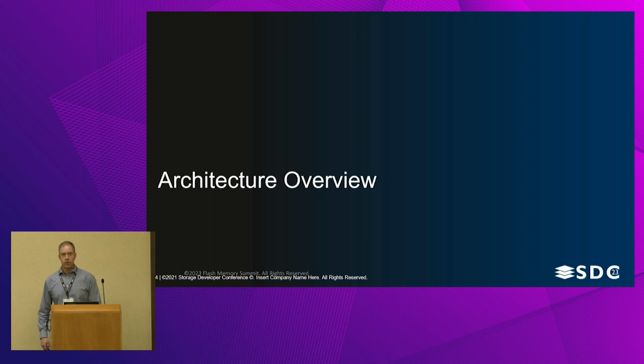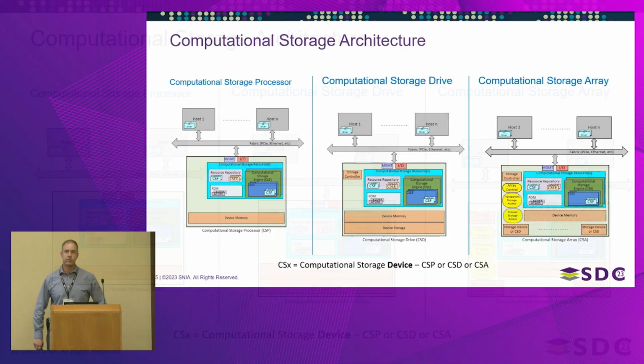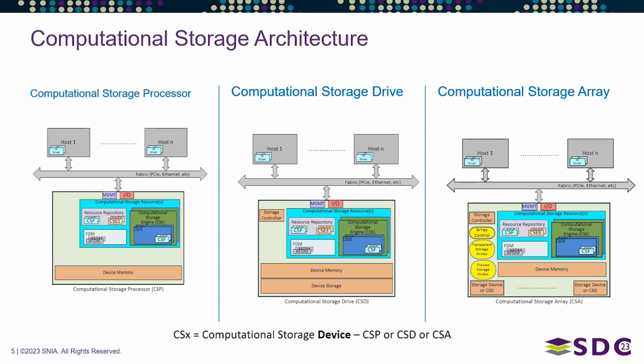All right, so let's take a look at the architecture, just as a refresher for anybody who maybe isn't as familiar with what's going on from the architecture perspective. First thing is we've defined three different architectures in the architecture and programming model. We have the computational storage processor over on the left, abbreviated CSP.